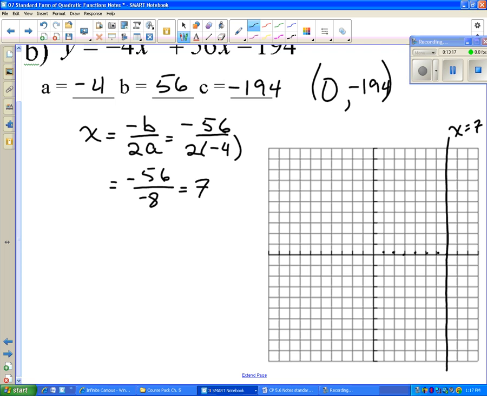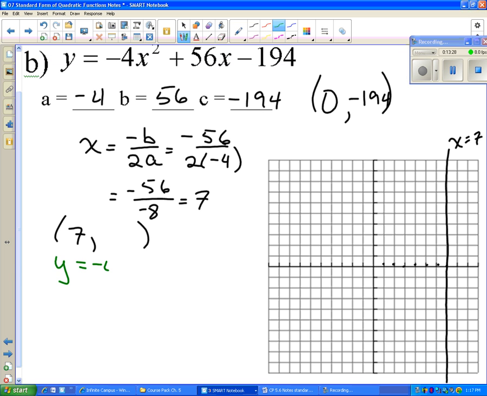And I know the x-coordinate of my vertex is 7. Plug that into my equation, and I get y equals negative 4 times 7 squared plus 56 times 7 minus 194.